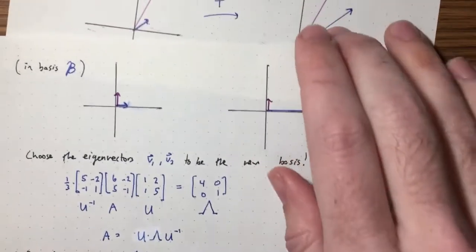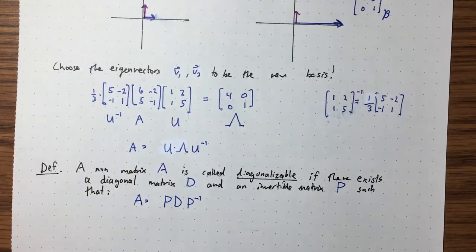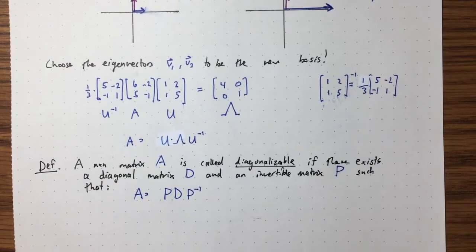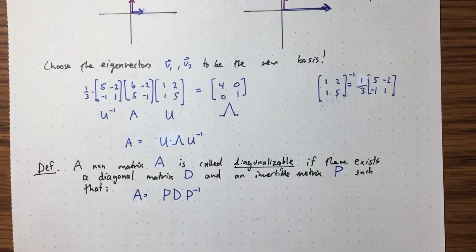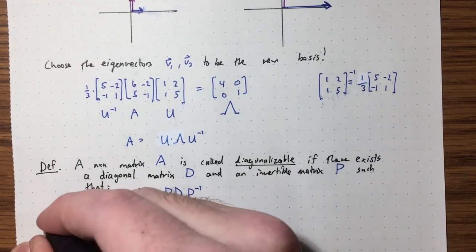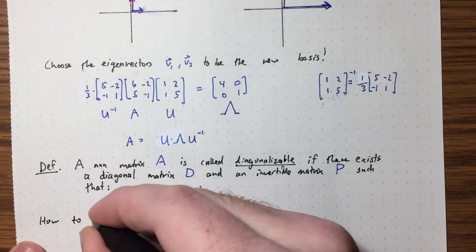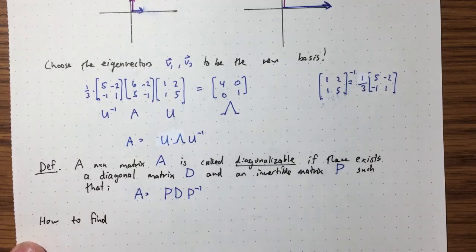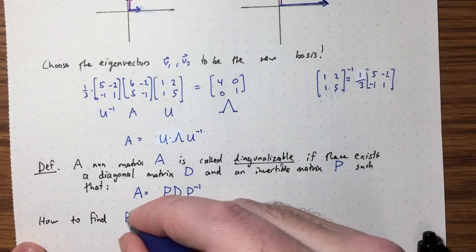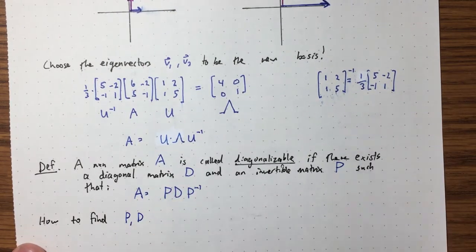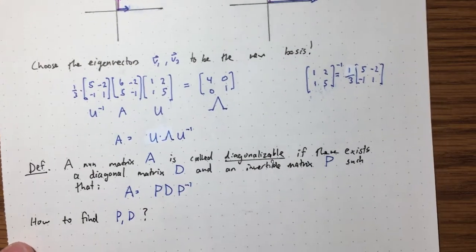The other reason I wanted to do this example is because it basically gives us a recipe for figuring out what P and D are. This is not some abstract thing. So how do you find P and D? Once we find P, we can find P inverse.